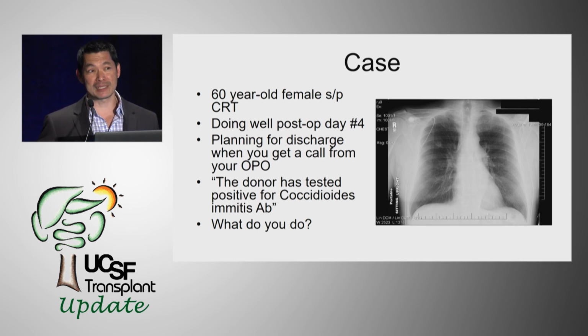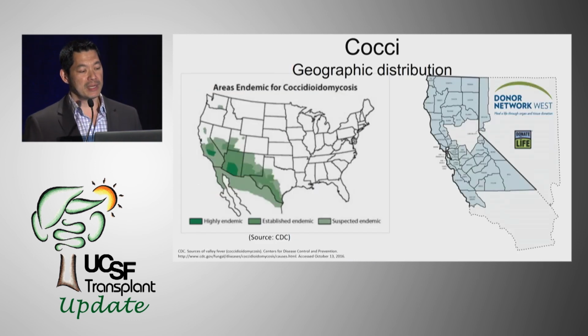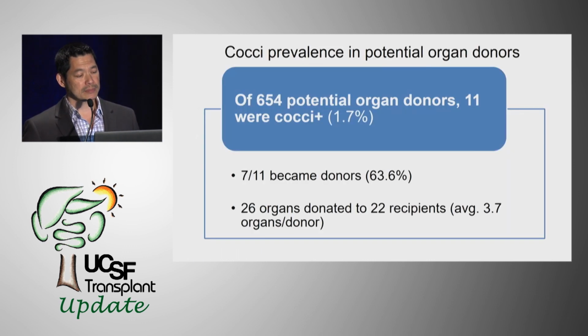We do accept risk in transplant recipients, and when individuals get certain regional diseases, we think maybe they acquired the infection just from living in our environment. But the area endemic for Cocci, where the darker the green, the higher the risk, really overlaps with our particular area for transplantation. So that by itself gives some pause.